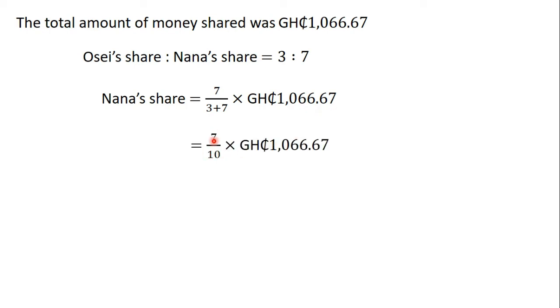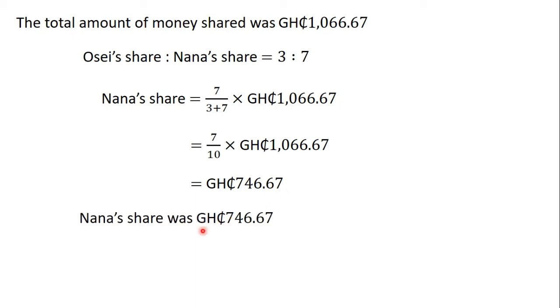This will give us 7 divided by 10 times 1,066 Ghana cedis, 67 pesewas, and this is equal to 746 Ghana cedis, 67 pesewas. So Nana's share was 746 Ghana cedis, 67 pesewas.